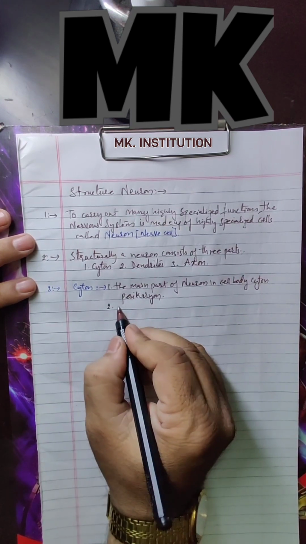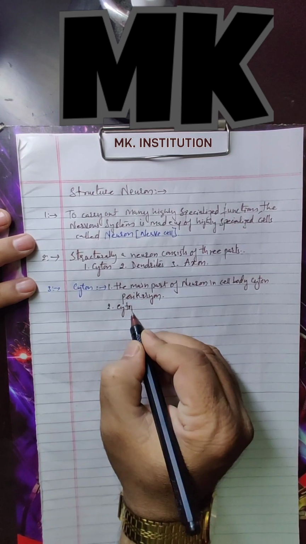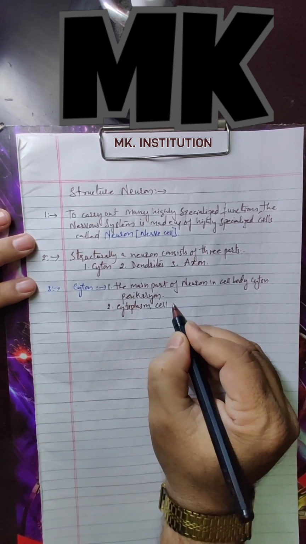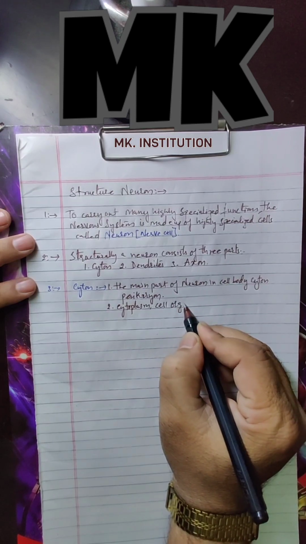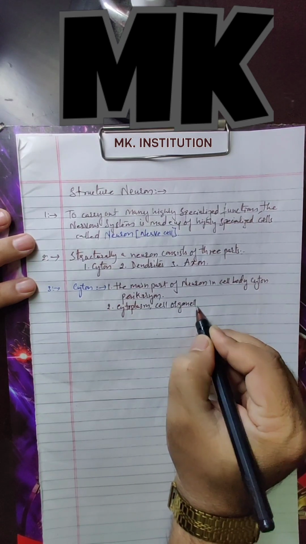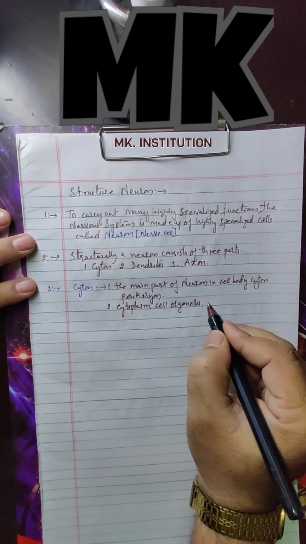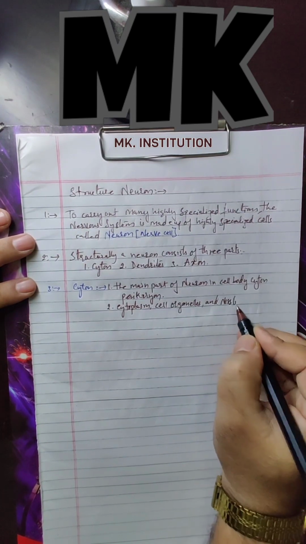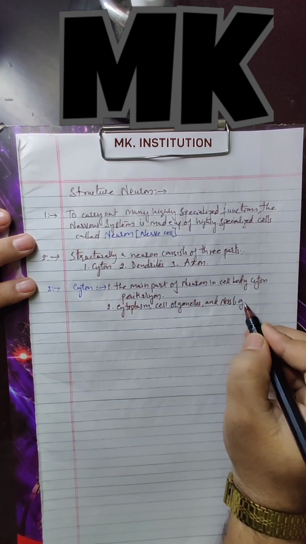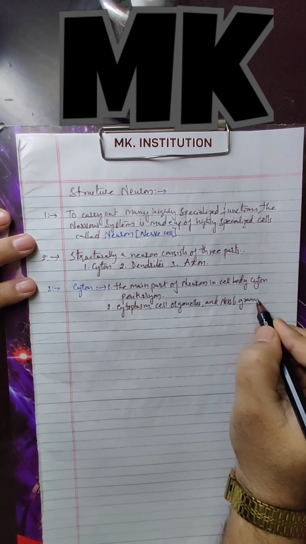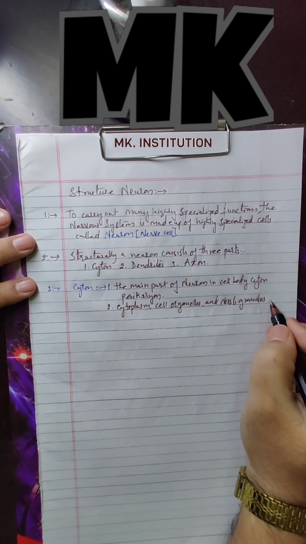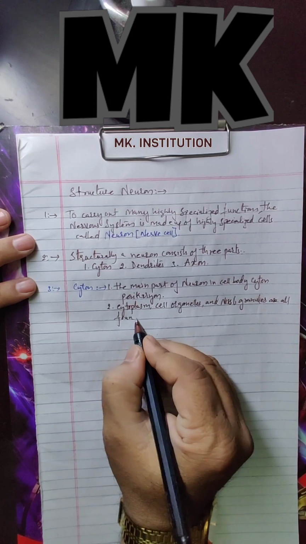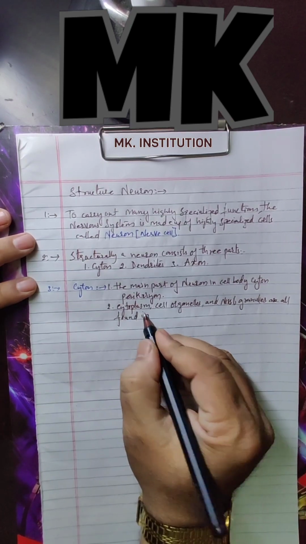Second point, cytoplasm, cell organelles, and nissel granules. Okay, nissel granules are all found in the cell body.